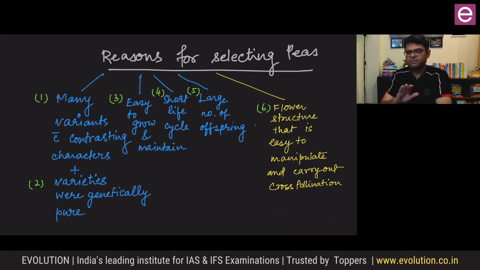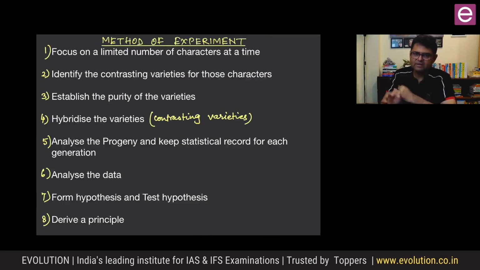His design of experiment was remarkable, especially for the time when the experiments were happening, 1856 to 1863. And then Mendel decided to focus on a limited number of characters at a time. So at a time, Mendel focused on one character, that is monohybrid cross, 2 characters, dihybrid cross, and Mendel also carried out a limited number of experiments with 3 characters at a time, but Mendel did not go beyond that.